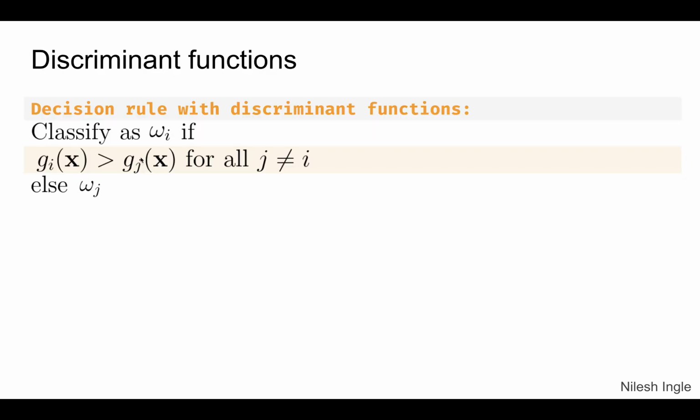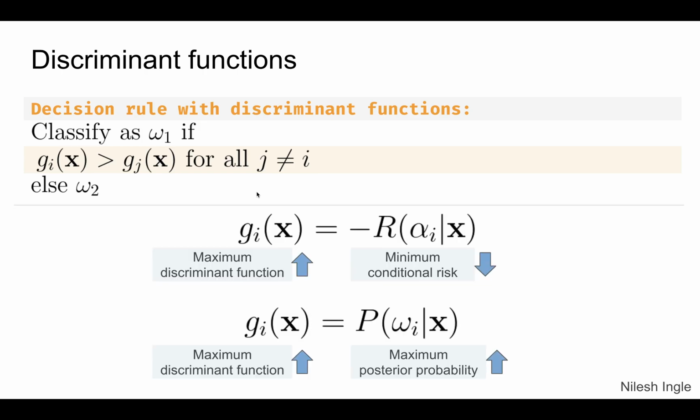As we can see here, the sample can be classified as belonging to class omega i if the value of the discriminant function gi of x is greater than gj of x, for j and i not equal. This follows from the relation shown below, which can be derived.